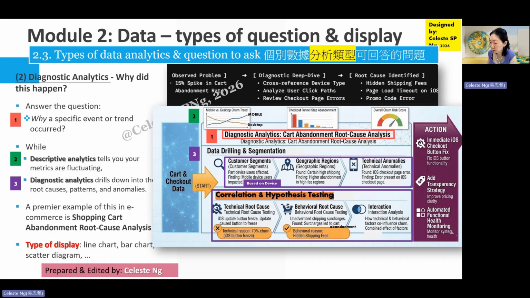So based on this description of the root cause, it seems that when the user changes the quantity from 10 to 1 and then clicks the update button, the whole page freezes. So from this diagnostic analytics, we find that the technical reason causes 70% of the churn. Oh, that's very high.